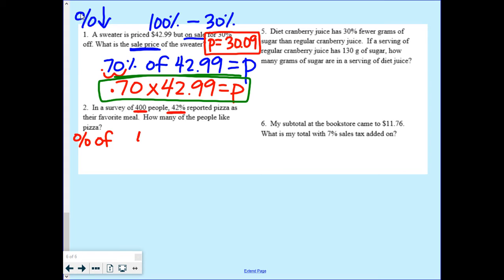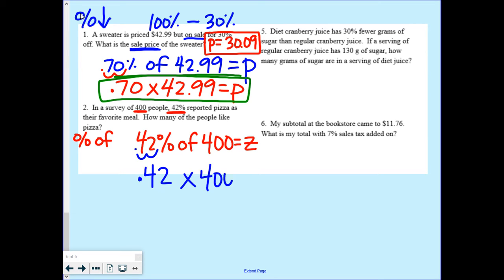I'm just going to find 42% of 400, and that's going to equal the people that like pizza. So again, convert your percent to a decimal by dividing by 100, which will give me 42 hundredths of 400 equals the number that like pizza, and then I'm ready just to multiply. This leaves me with 168 people that like pizza.